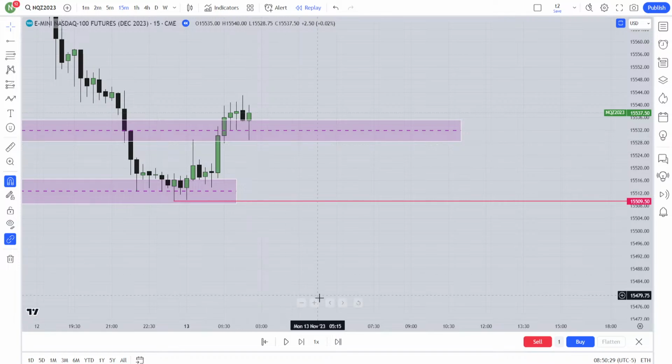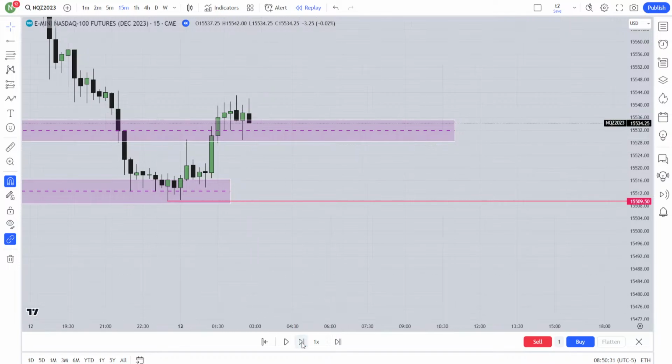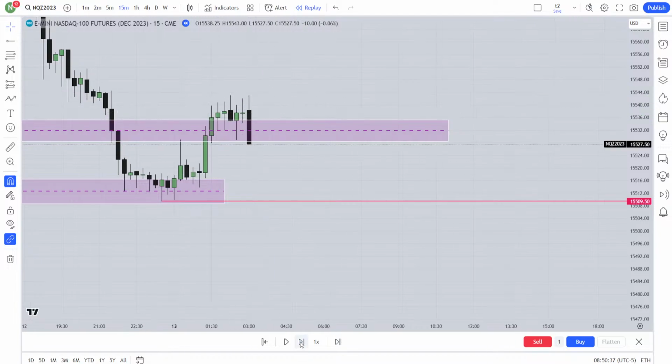Wick on both sides, very small body, big wick. So it is still sloppy price action. Is it hard to mark the sloppiness? Until it is doing this type of thing, you have to avoid the trade. Wait for clean price action. It's very easy, brother. Anybody has any question?